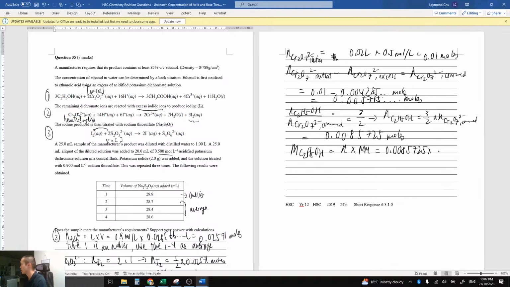Molar mass is 2 times 12.01, 6 times 1.008 plus 16, which is 0.3949174.